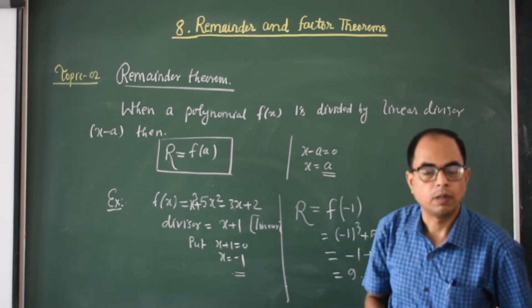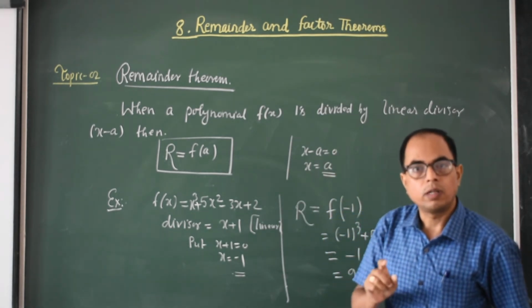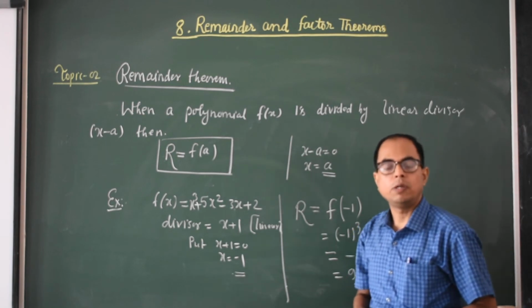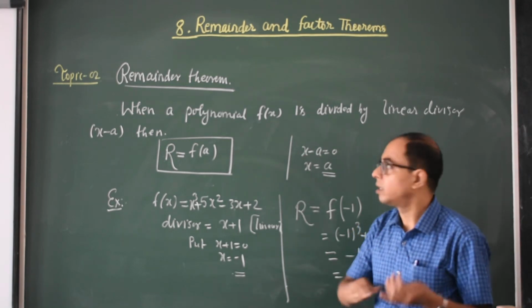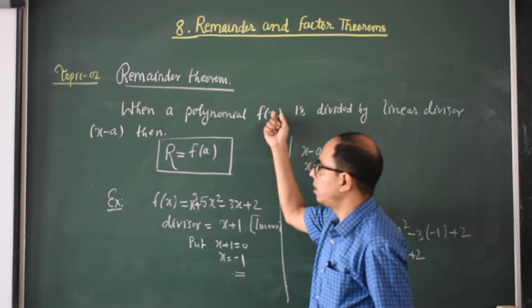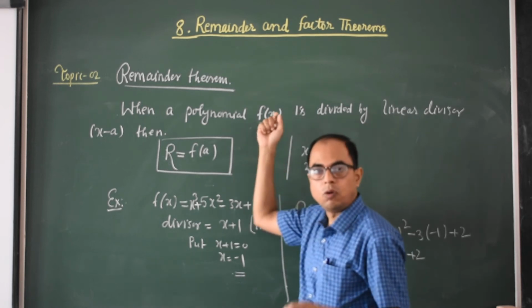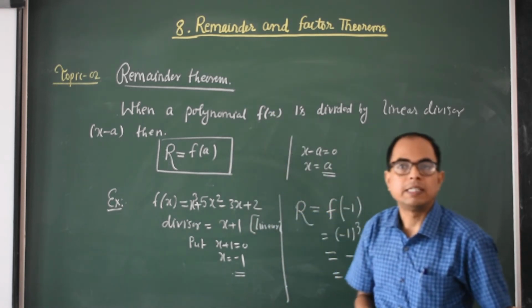If you want to find the quotient, you have two options: either the general method of division or the synthetic division method. For the remainder we have the remainder theorem, but for the quotient there is no theorem.